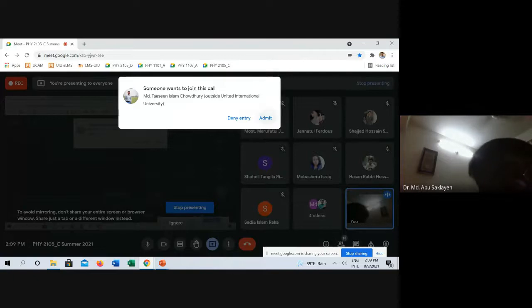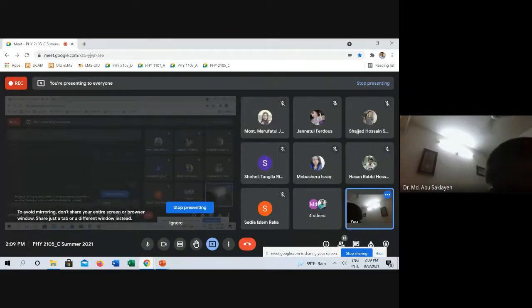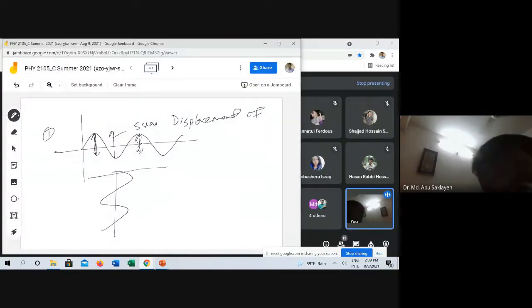Which particle? Particle of the medium, right? Displacement of particle of medium along y-axis here. And here, this is along x-axis, right?